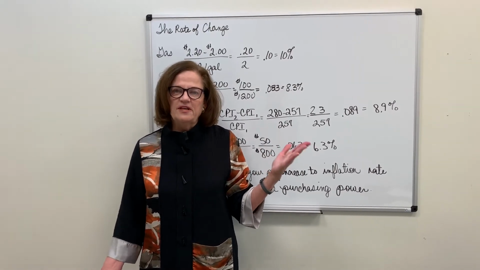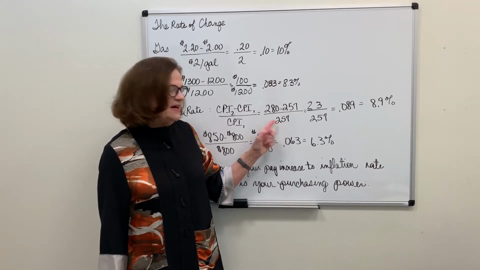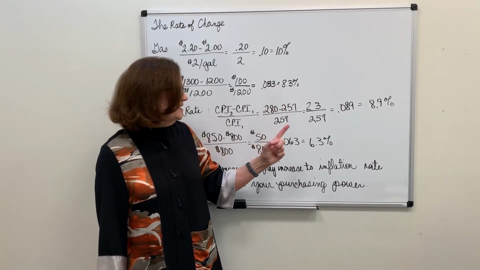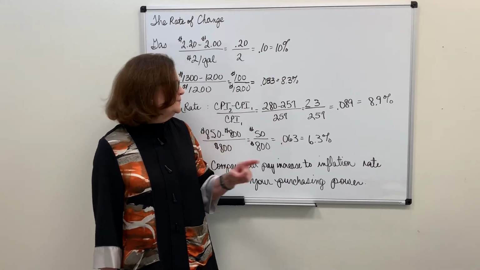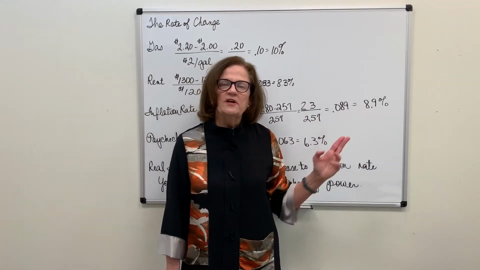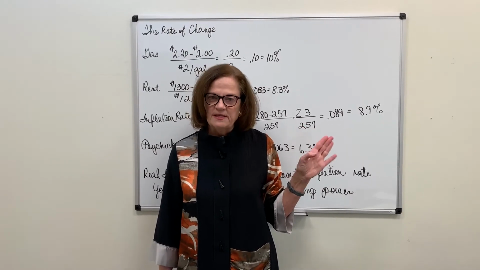What would that inflation rate be? 280 minus 257 divided by the 257, so it's new value minus previous value divided by the previous value, is 8.9%. Well, the overall inflation rate for consumer goods is 8.9%.